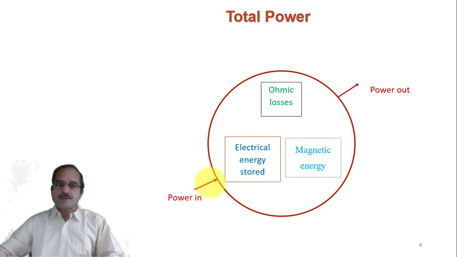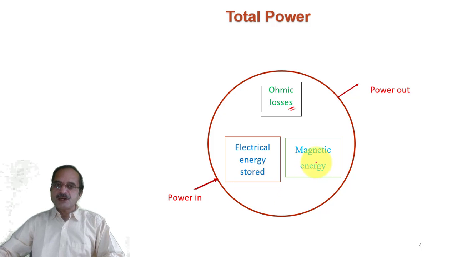So if the power entering inside some closed volume is power in, then some of this power will be lost in the form of ohmic losses, whereas some power will be stored in the form of electric energy, that is, in the form of electric field.